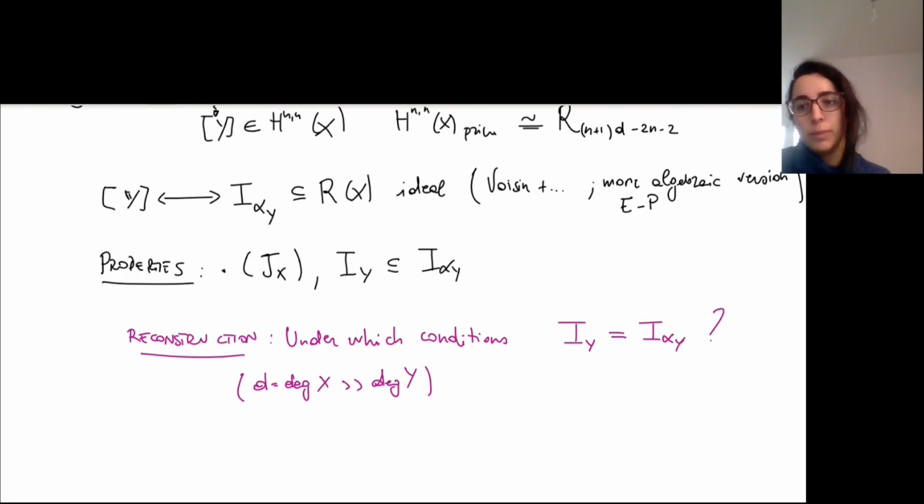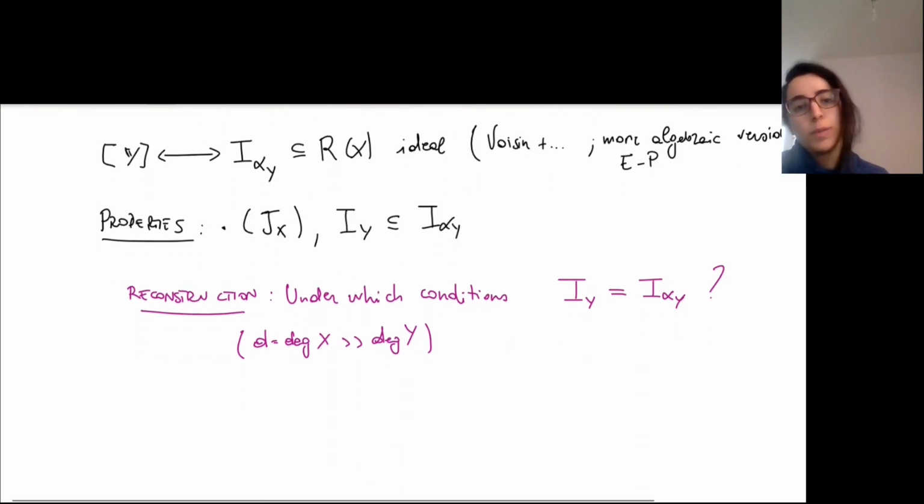In the work, if I have time, I will put the bound in the work with Pietro Pirola and Enrico Schlesinger. In the case of curves, we give explicit bounds for this thing. But for D sufficiently large, it should be true that we exactly reconstruct the curve algebraically from these equations.